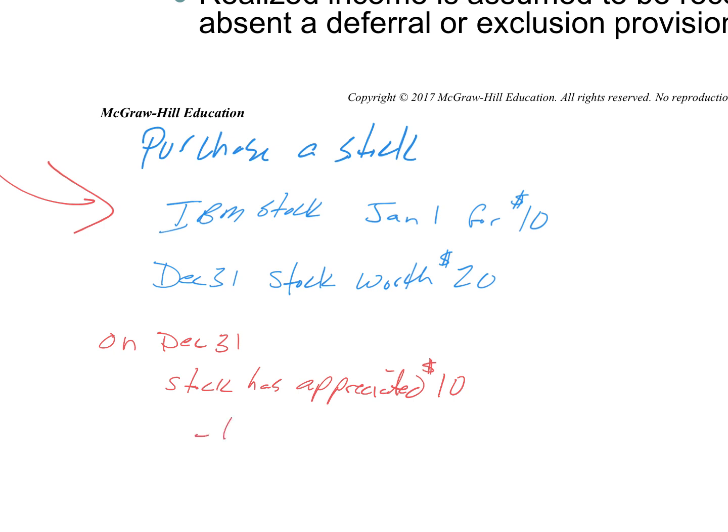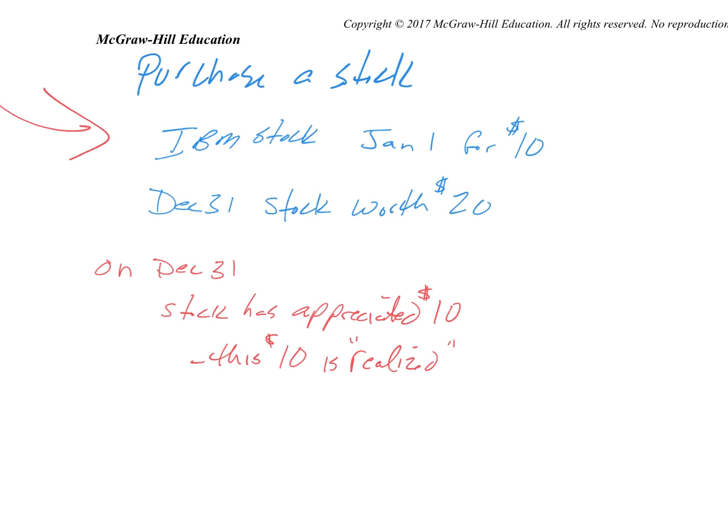So this $10 is realized income. Now, what do we know about that though?